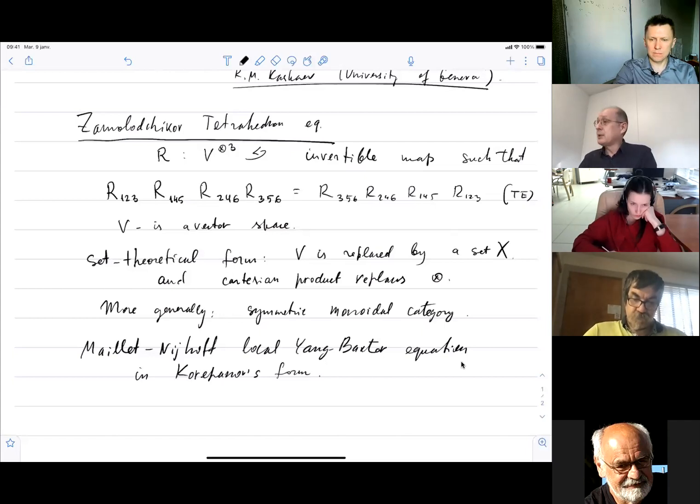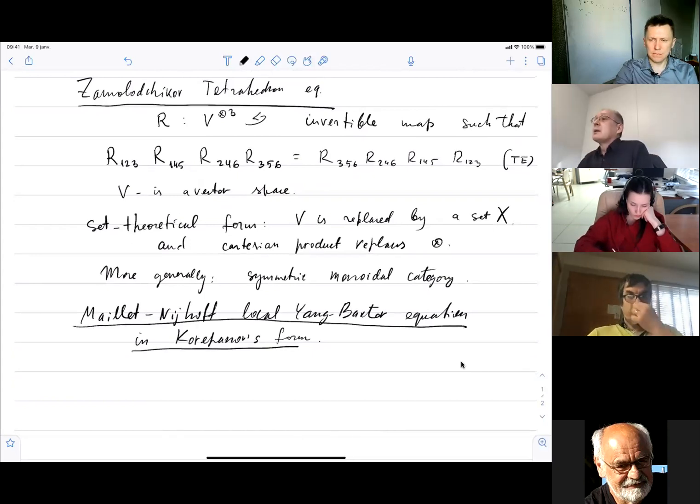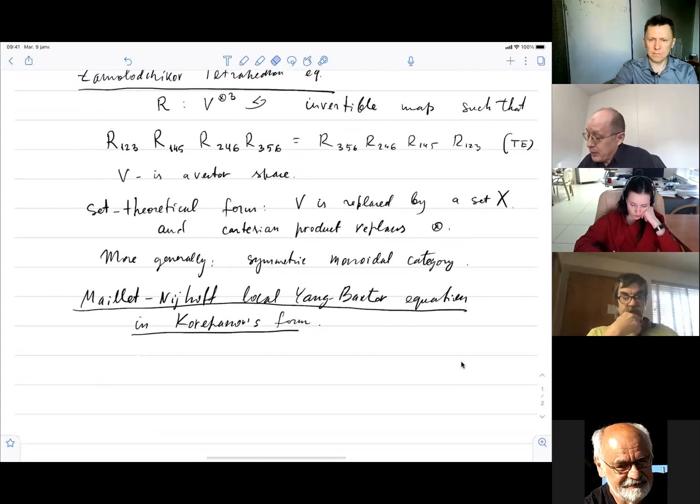Okay, and let me write it explicitly, how it looks like. So let me use the letter L. Roughly speaking, we write the Yang-Baxter equation, but with some arguments.